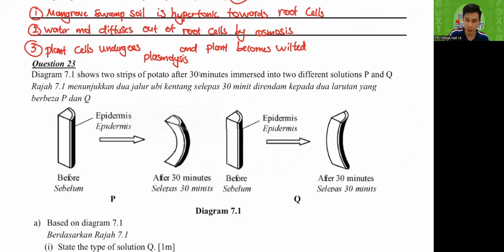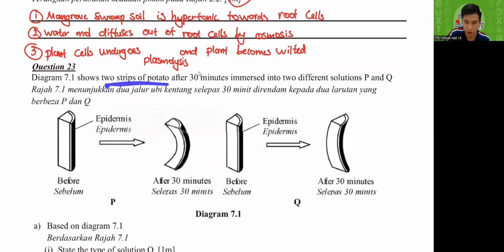What they have here is two strips of potato. Bear in mind, sometimes they will use something else, but whether it is a potato strip or another kind of strip, you cut it the same way. You cut the flesh of the potato with the skin stuck to it.